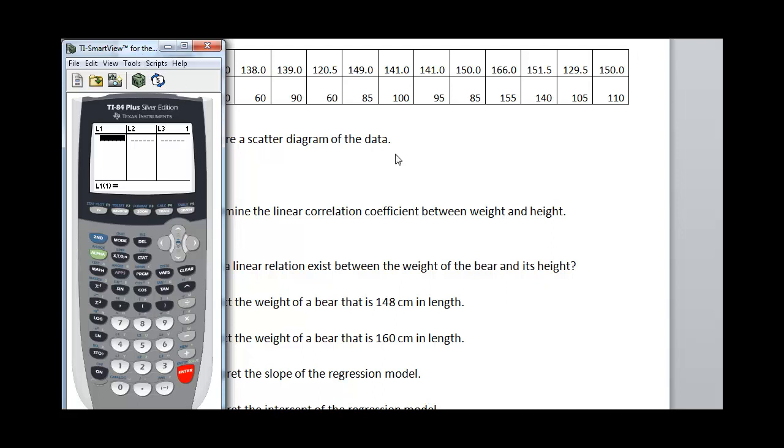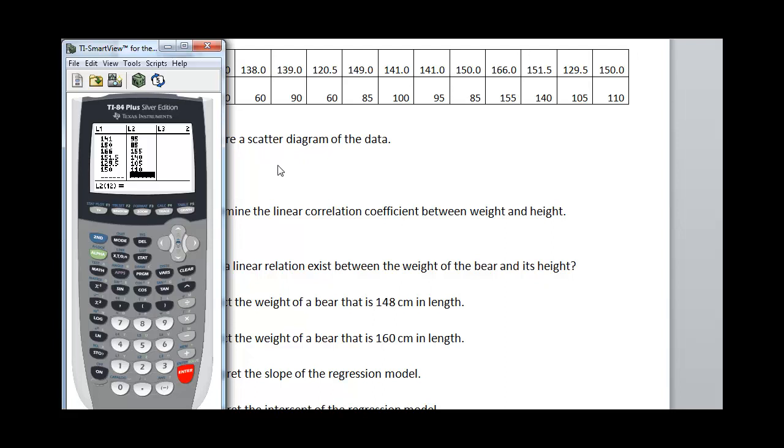So I've got 138, 139, and in the second list, I'll put in the other variable. All right, so I've got my variables in my list.